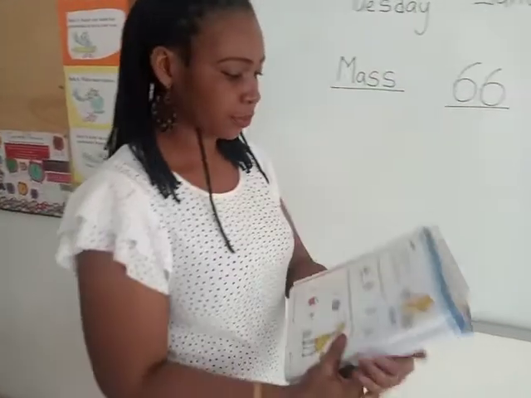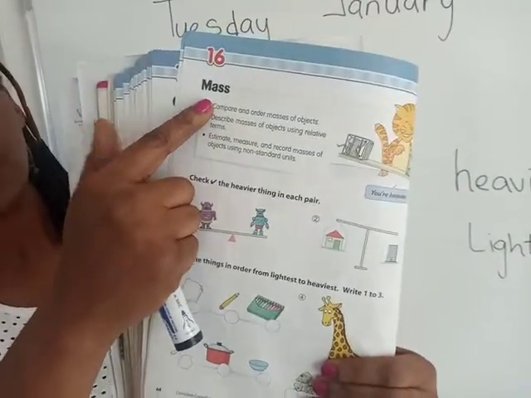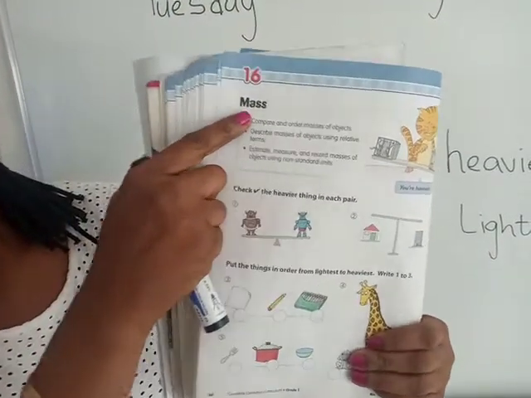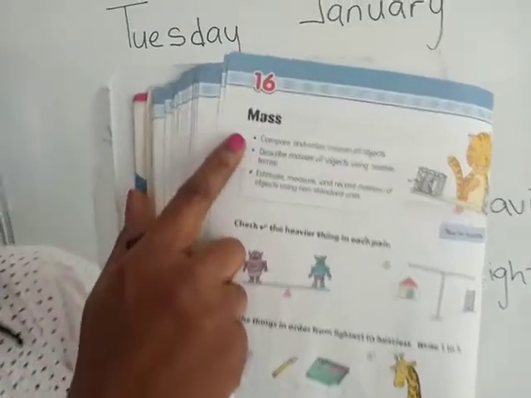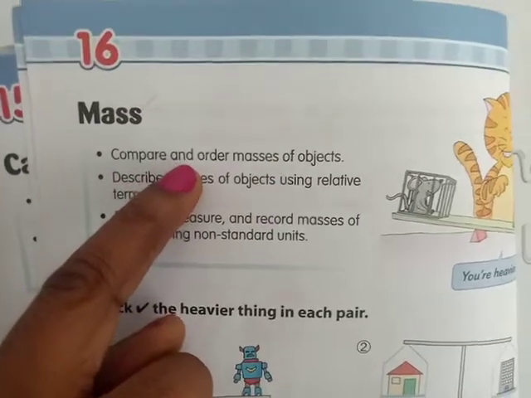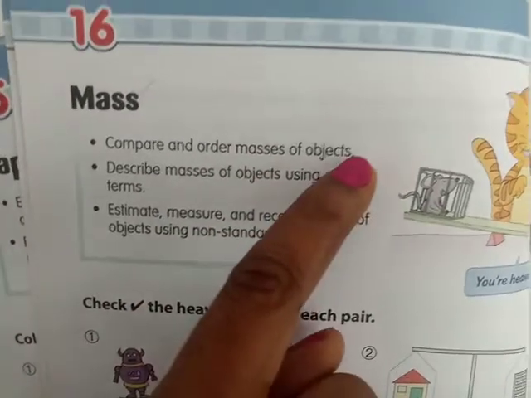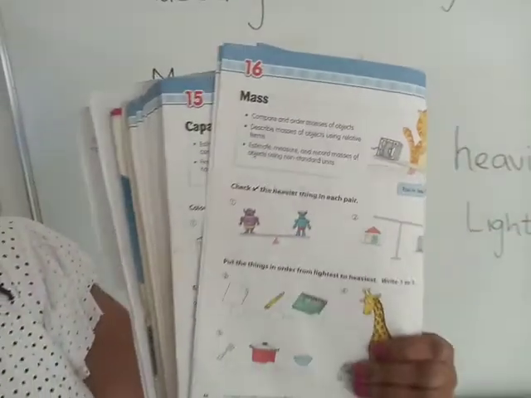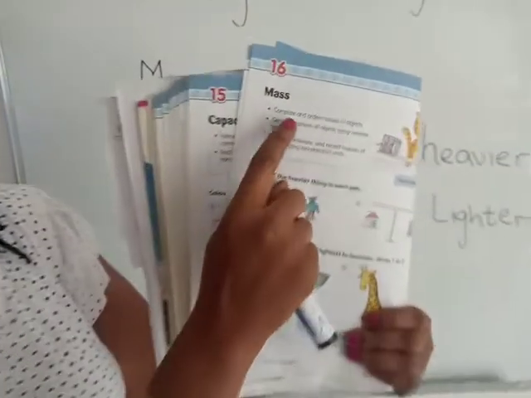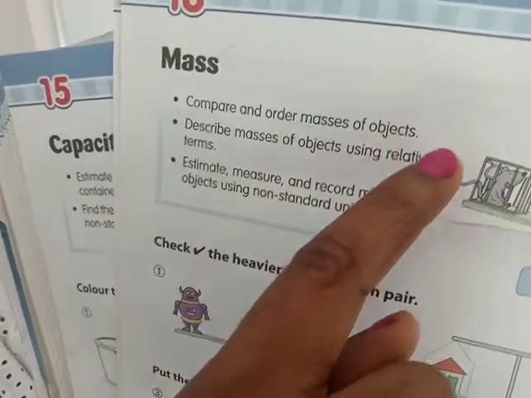So let's go. So this is my page 66. And the topic is mass. I want us to point at the big black words in your book, mass. Now let's read the first dot. It says, compare and order masses of objects.